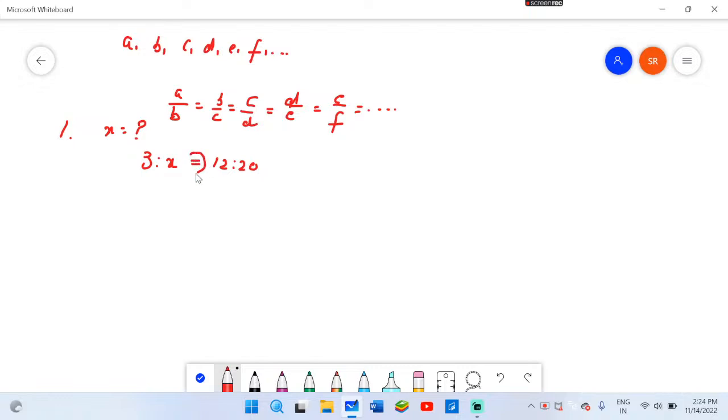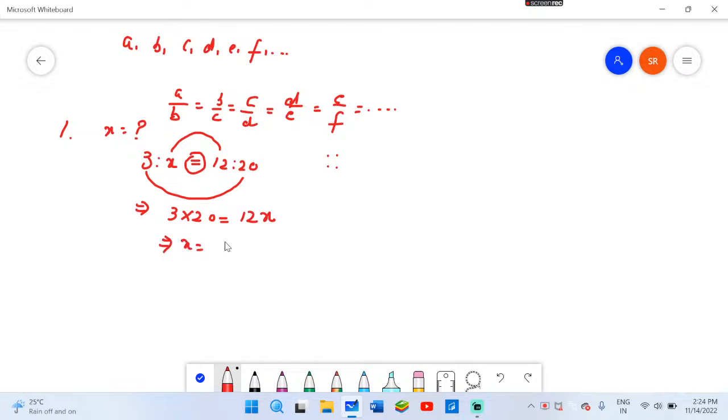We can replace the equal to sign by double colon also; both have the same meaning. Now the property says if these are in proportion, then the product of extremes must be equal to the product of means. That is, 3 into 20 should be equal to 12x.